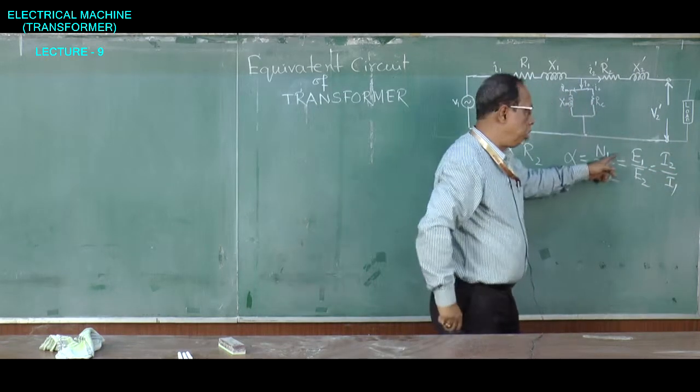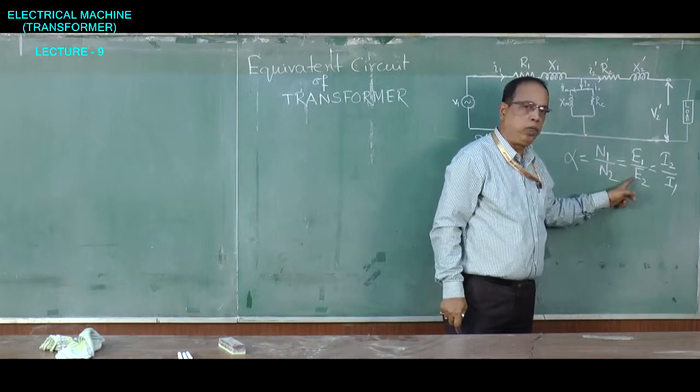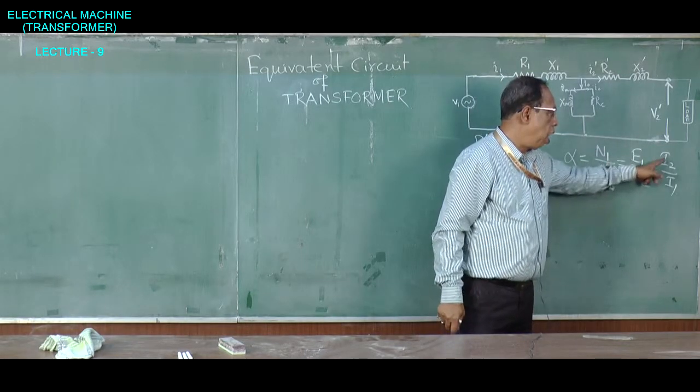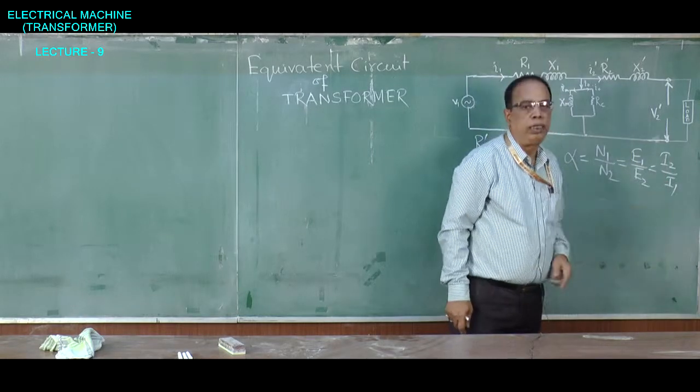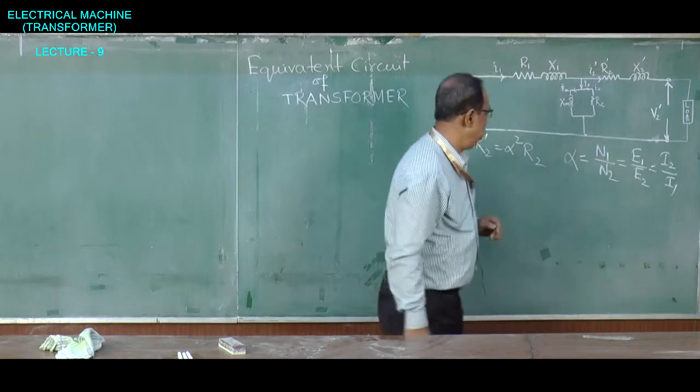E1 is the induced EMF at the primary, E2 is the induced EMF at the secondary, I2 is the current flowing through the secondary, and I1 is the current flowing through the primary.